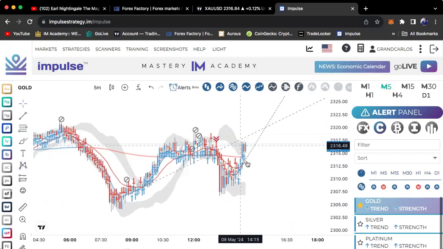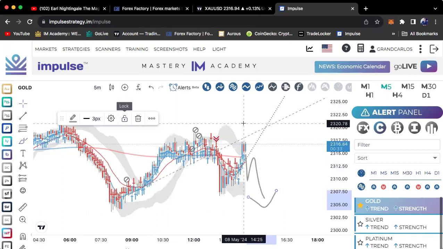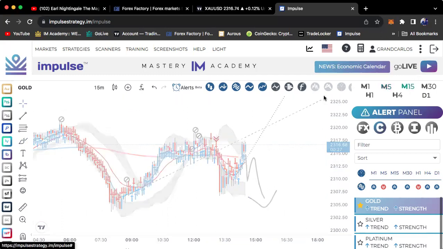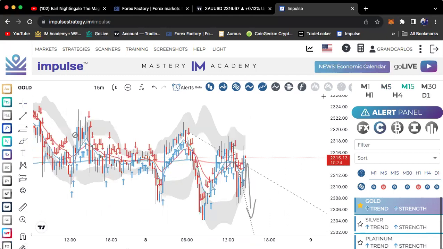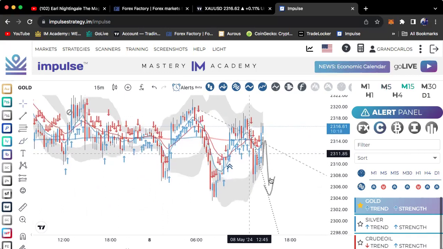If price breaks below the zone here, 2310, it would do something like this, right? But it's not doing that. It's still above this EMA. At the 15-minute, you see the blue microtrend arrow?